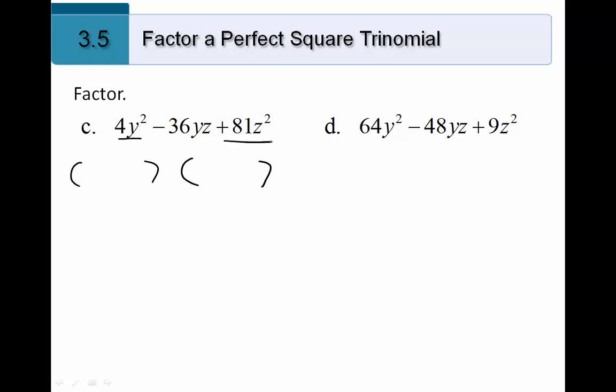Perfect square, perfect square. This is positive. So 2y multiplied by 2y is 4y squared. Looking at my L, we have a variable in that term as well. 9z multiplied by 9z is 81z squared. I'll check my inner. 9z times 2y is 18yz.